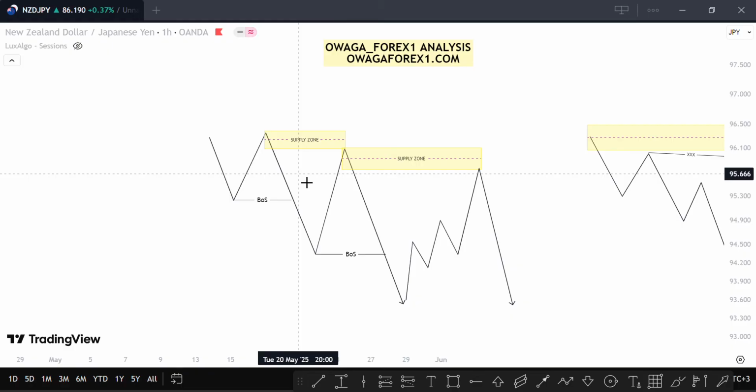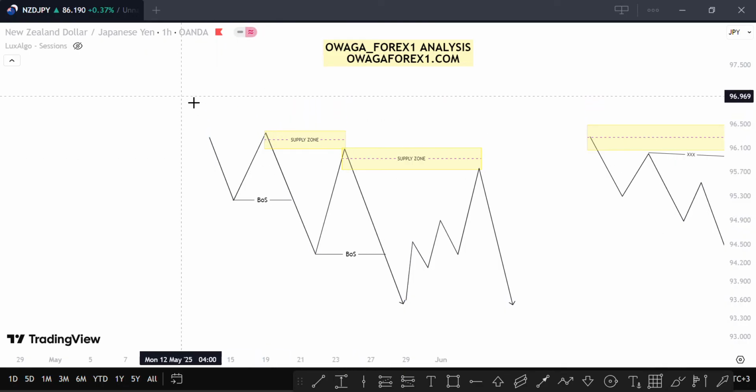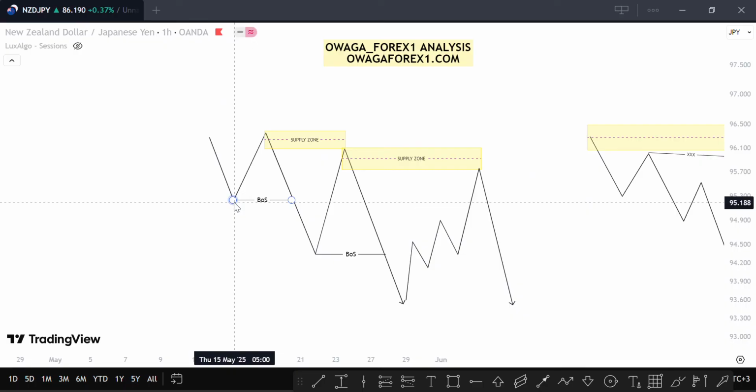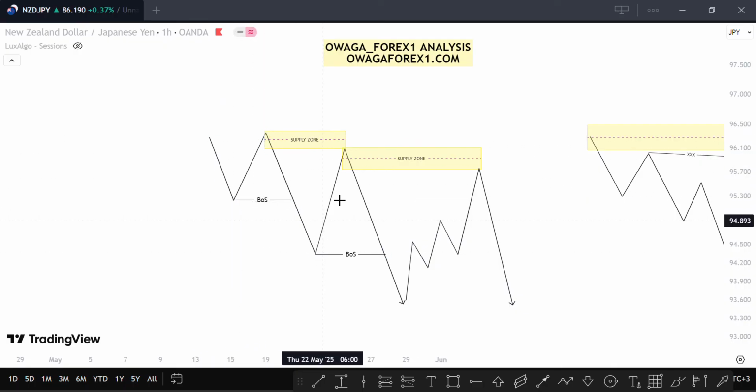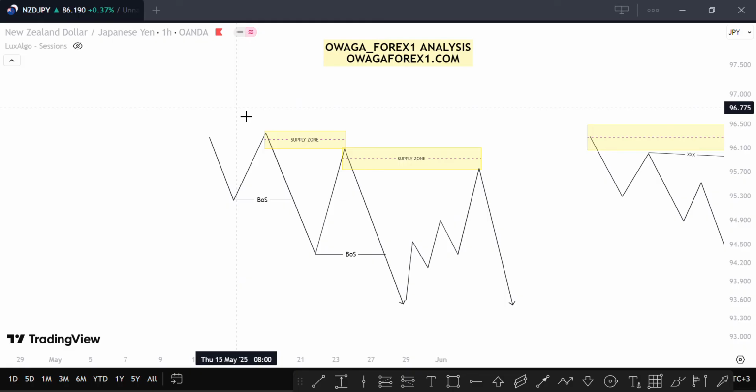Therefore, what can we see on the chart? We see price going from a lower high to a lower low, a lower high, lower low, lower high, lower low. Price creating a series of lower highs and lower lows suggests that we are on a bearish trend.